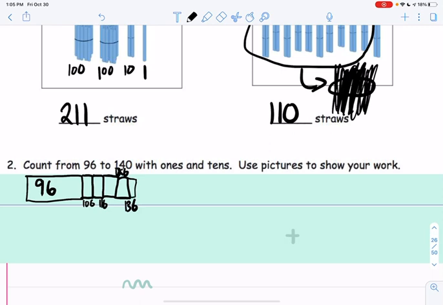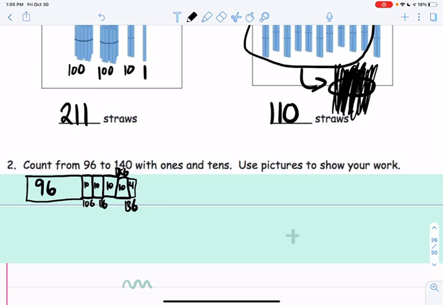Now, let's just add 4 ones here. So we added a 10, a 10, a 10, a 10, and let's just add 4 ones because we know we need 4 ones. Now, if you knew you needed 40, you could just have added the 4 tens.